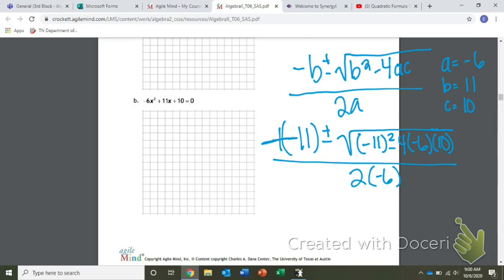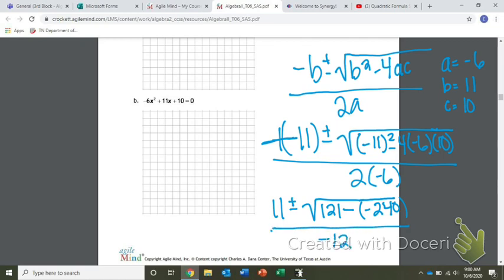So, these 2 negatives make a positive. Negative 11 squared is a positive 121. Remember, we just bring our minus sign down. Then we're saying 4 times negative 6 times 10, which is a negative 240, all over negative 12.